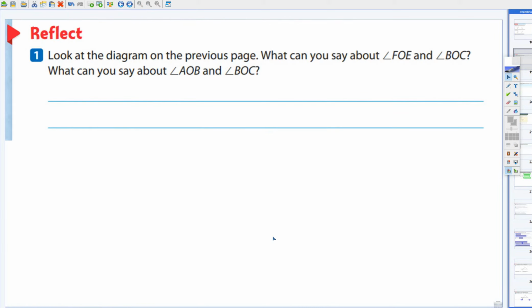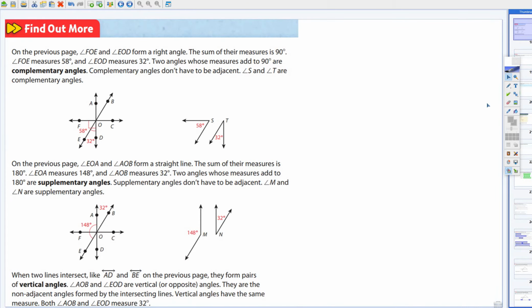Let's reflect now. Look at the diagram on the previous page, or just back up this film. What can you say about angle FOE and angle BOC? FOE, and BOC.